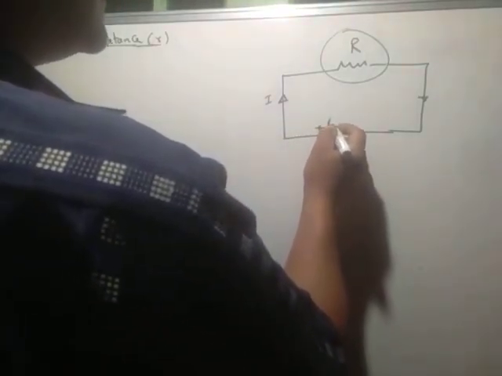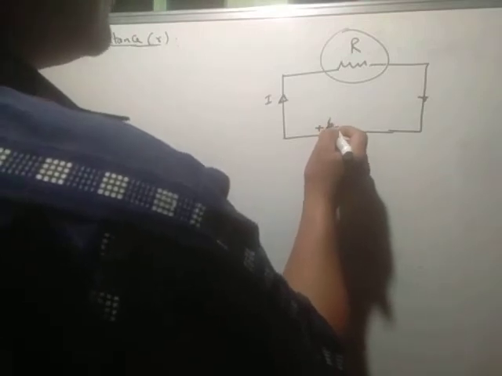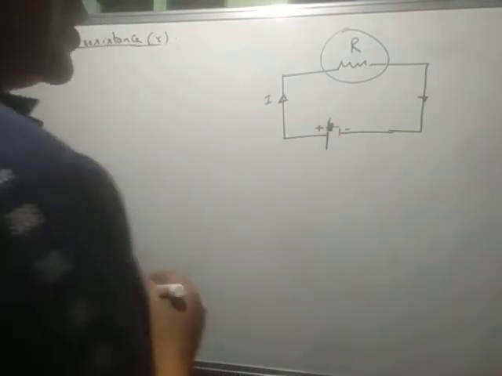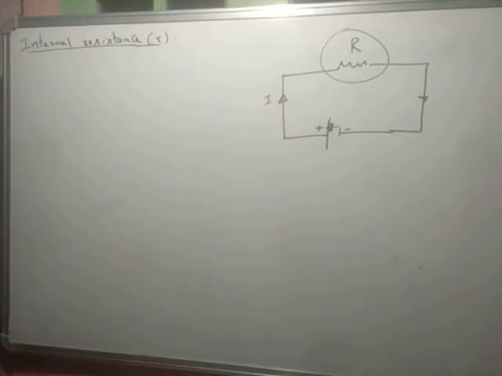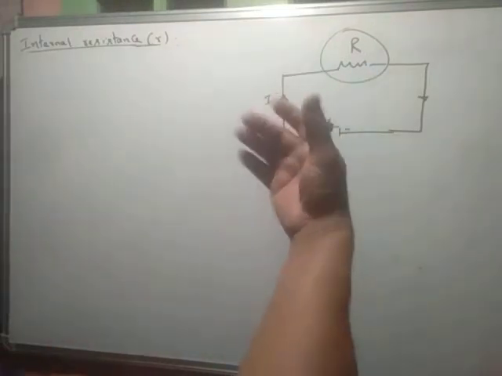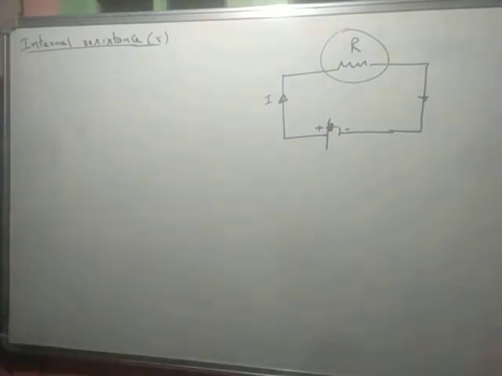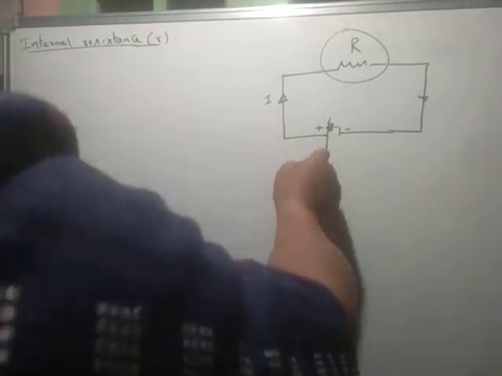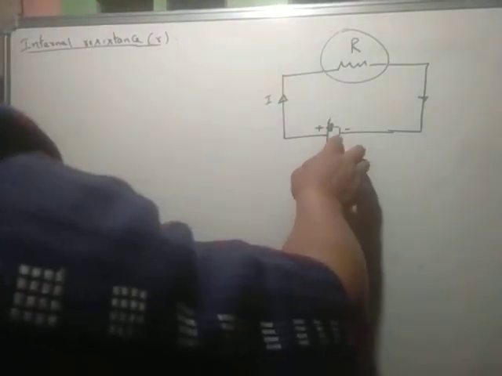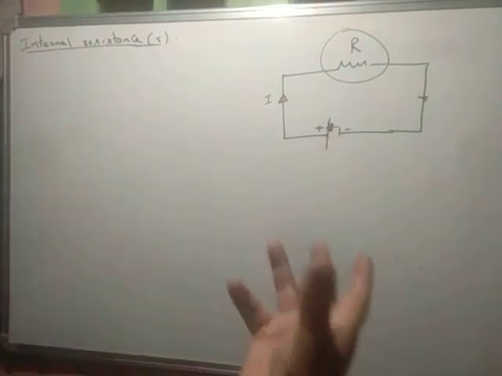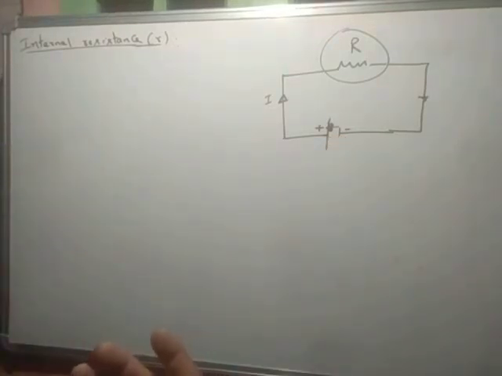This current that is passing inside the cell, from negative to positive, will experience some resistance, just like it experienced a resistance by the resistor R. So similarly, inside a cell, when the current is passing through it, it experiences a resistance which we know as the internal resistance of a cell.